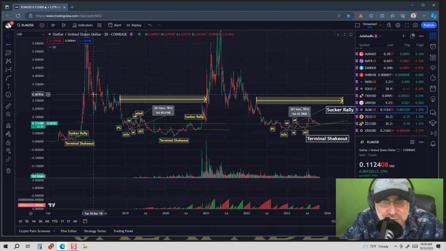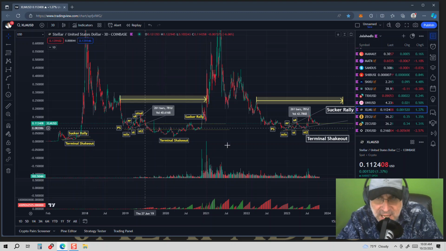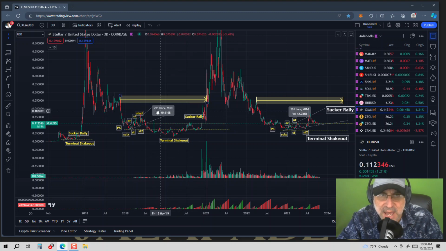Here we have two almost cookie cutter bull cycles, and we have two bear cycles. One played out completely. That was the last one we had. We measured it out.